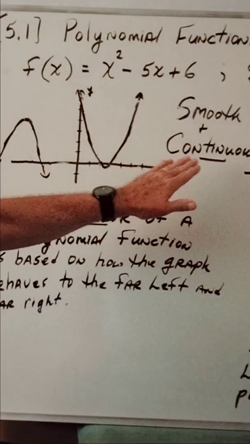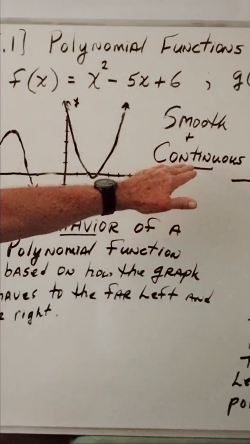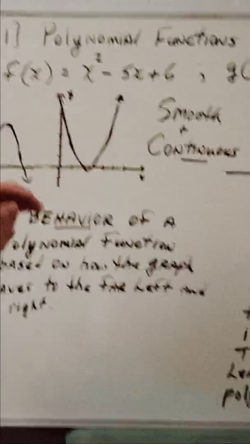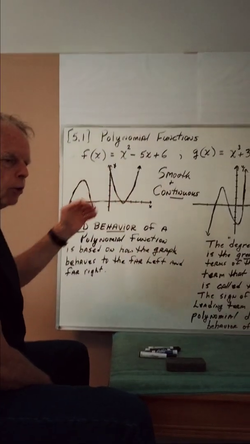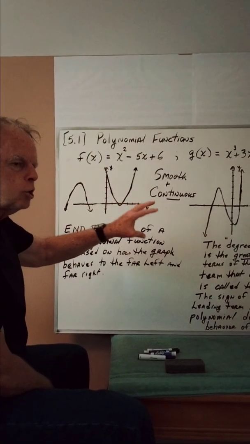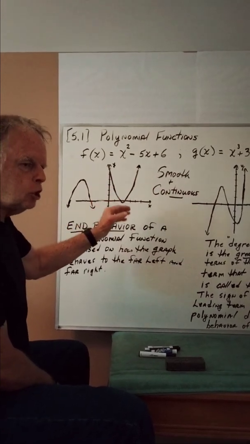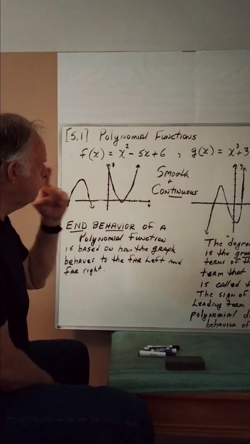And the second characteristic about the graphs, they're continuous. There are no breaks in the graph. There are no separate branches of the graph. It is a continuous looking graph.